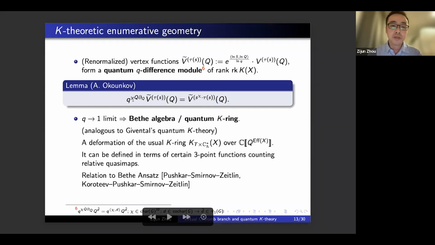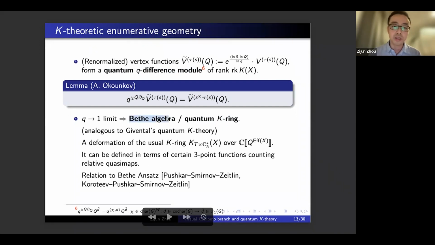And this quantum difference equation, or quantum q-difference module, contains the enumerative geometry of this target space X. And you can also get other enumerative geometric objects from this quantum q-difference module. So if you let this little q go to 1, you can recover the Bethe algebra or the quantum K-theory ring from these q-difference equations.